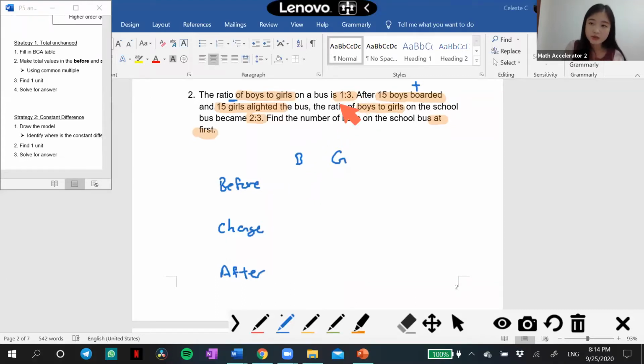At the beginning, what was the ratio? 1:3. 1:3. What is the change? 15 boys boarded. So plus 15 under the boys column here. And 15 girls alighted. So minus 15 for the girls column here. And at the end, the ratio became 2:3.